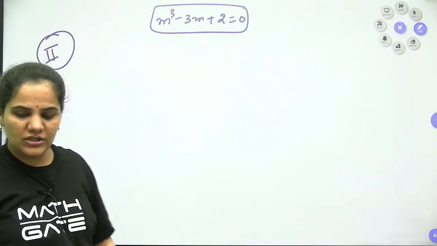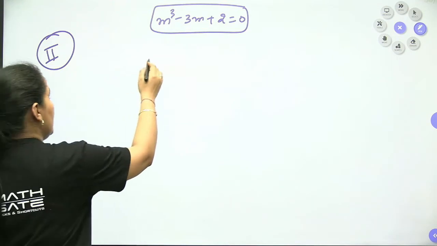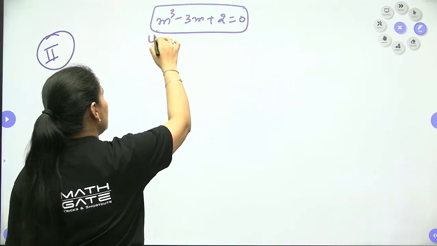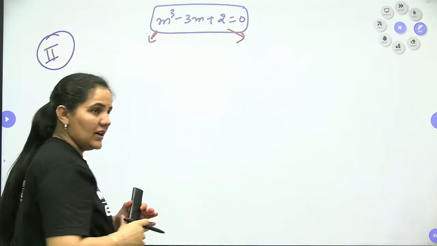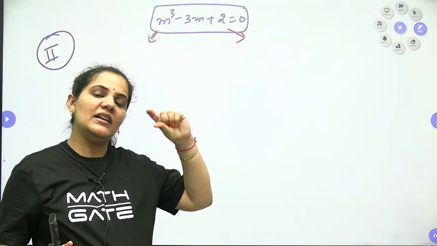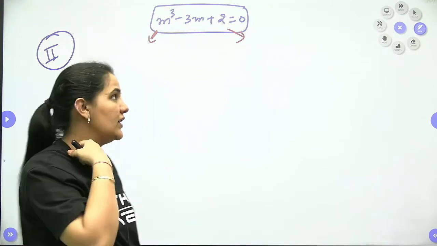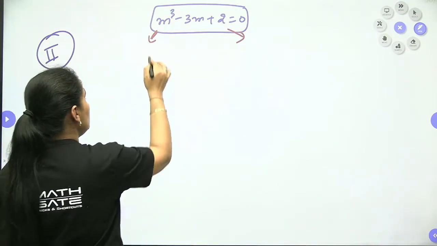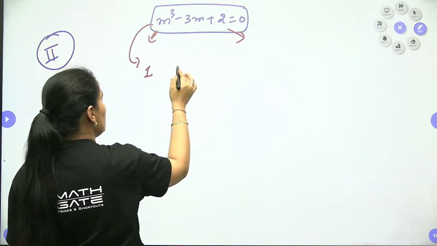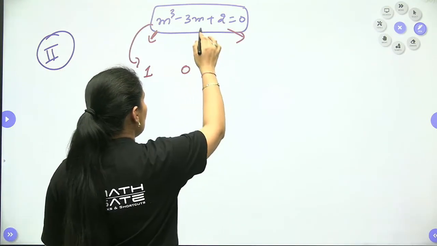Now when we approach it, we have to write down the coefficient of each and every term, starting with the highest power and ending with the constant. The coefficient of m cube will be 1. Here we don't have any square term, so the coefficient of square will be 0.